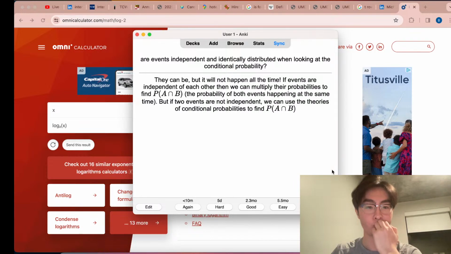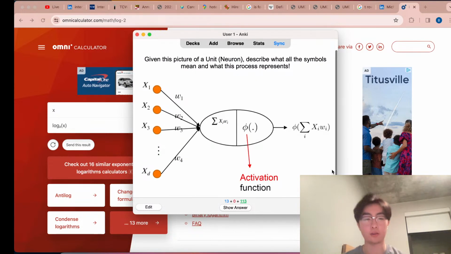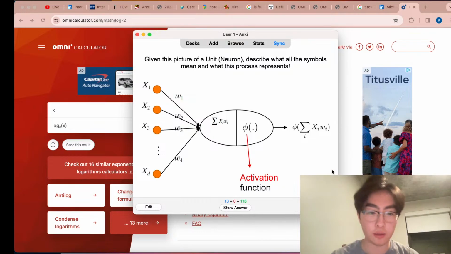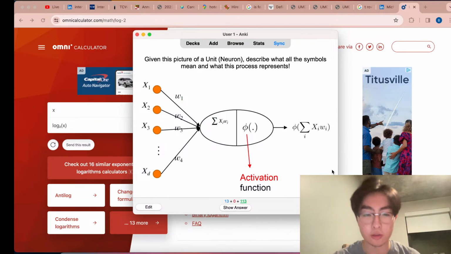Okay, pretty much similar to what I said. Oh, yeah, okay, so this is a neuron. Describe what all the symbols mean and what the process represents. Okay, so some background here. I think this is just a neuron that's used within a neural network.